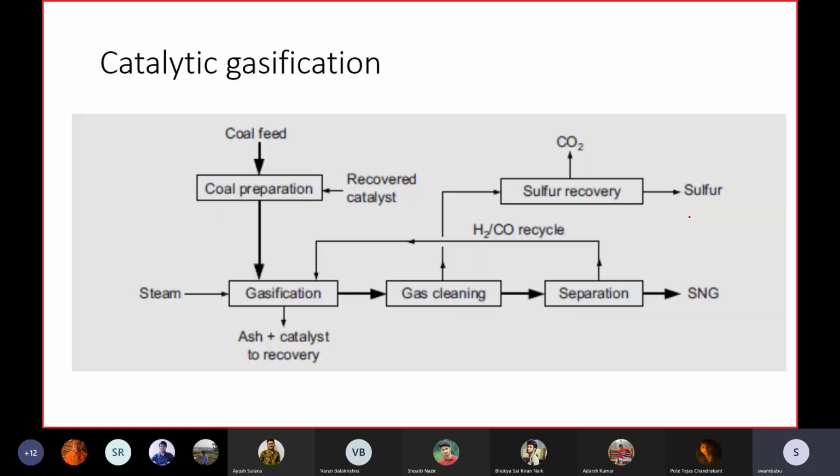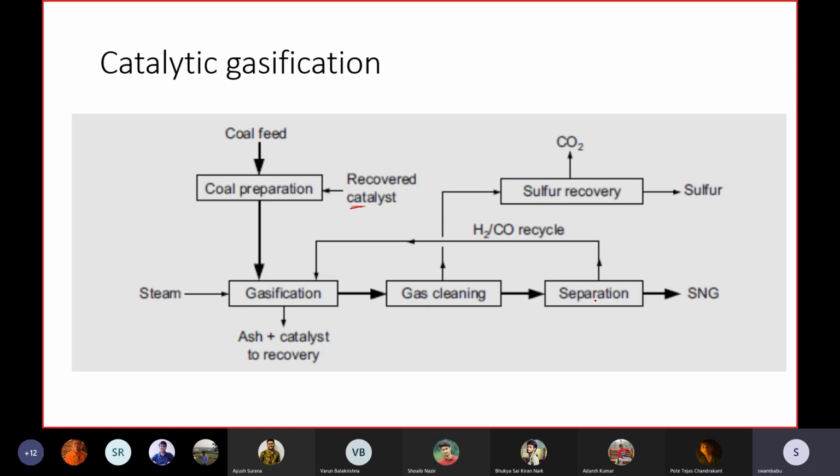And this is the catalytic gasification method to produce synthetic natural gas. So we have the coal feed, just the coal preparation. We'll add some catalyst, copper catalyst. Then we'll add steam and do the gasification. After the gasification, we go to the gas cleaning process.